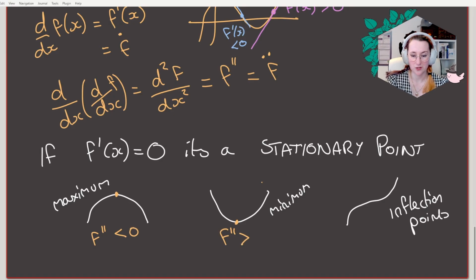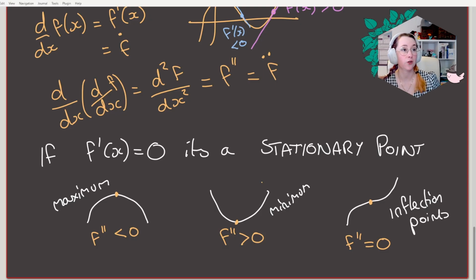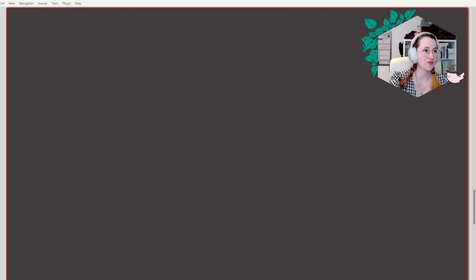It's a minimum if f double prime is greater than 0. So the maximum is negative and the minimum is positive. And then the inflection point is when it is equal to 0. So a bit of both positive and negative, neither, depending on who you're asking on a given day. So those are your standard key tricks about differentiating.